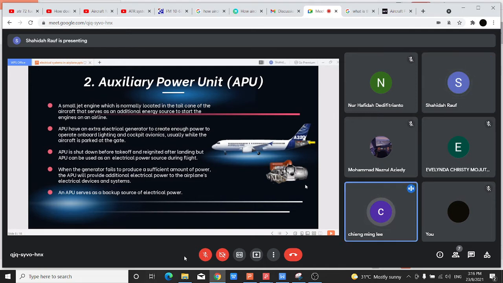It depends on what type of starter the engine has installed: either a DC starter, generator starter, or an air starter. An air starter uses bleed air to start. A generator starter uses DC to start. Is that clear? Yes, sir.